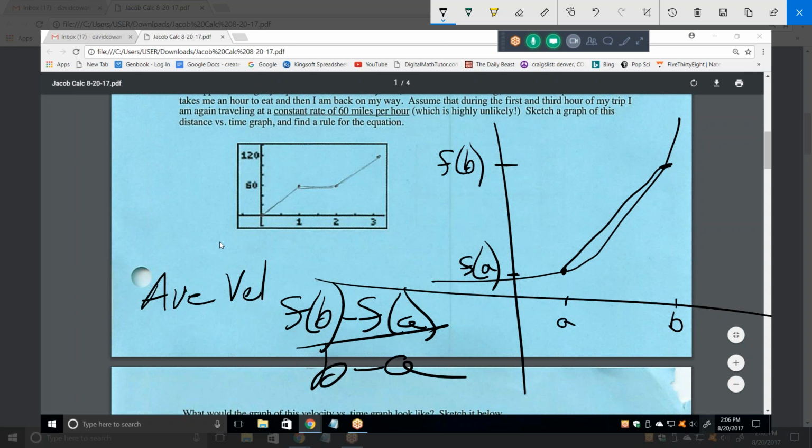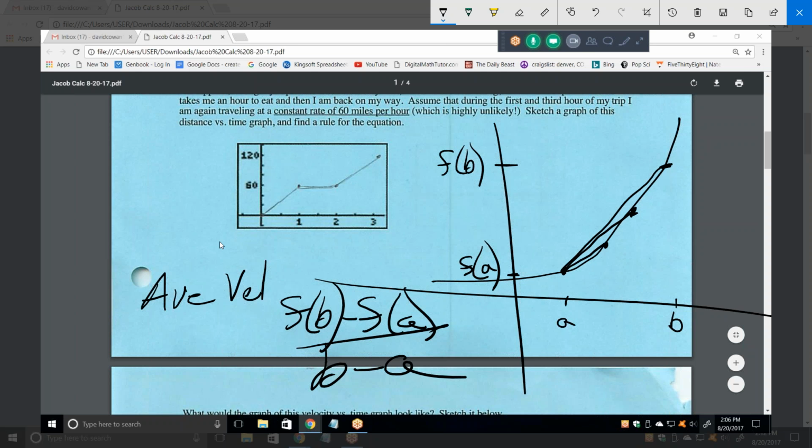Now here's what we're going to do. And this is the calculus part. We're going to figure out what the slope of that line is. And then we're going to figure out the slope of that line.